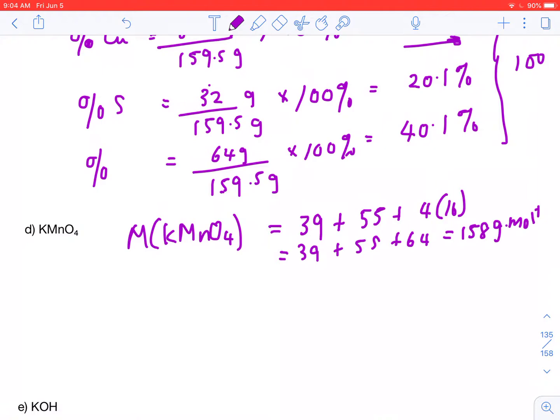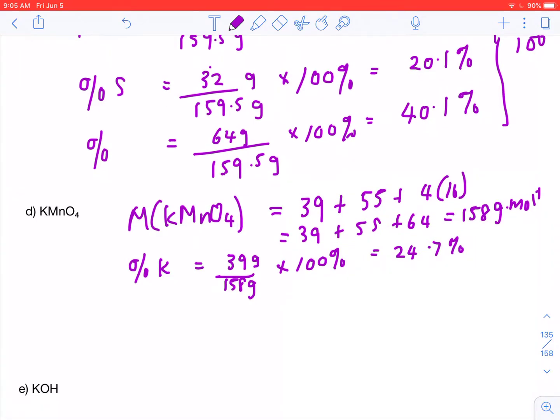So the percentage of potassium, K, in here is equal to 39 grams all upon 158 grams times 100%, and that gives us 24.7%.